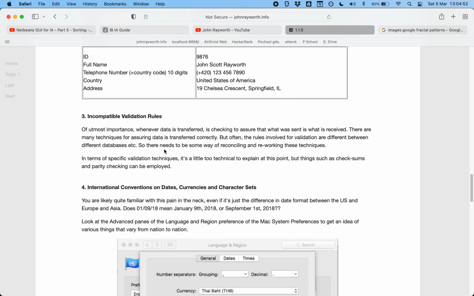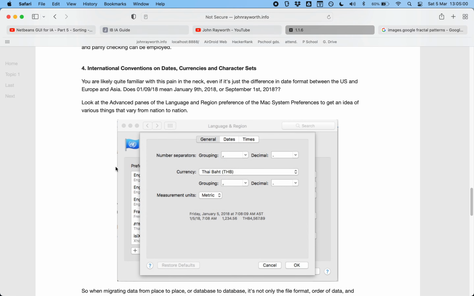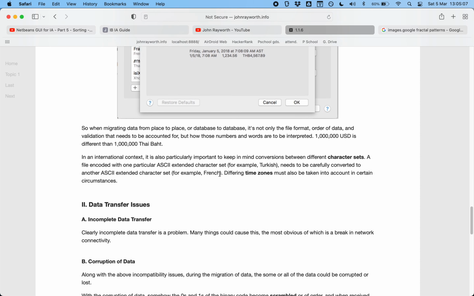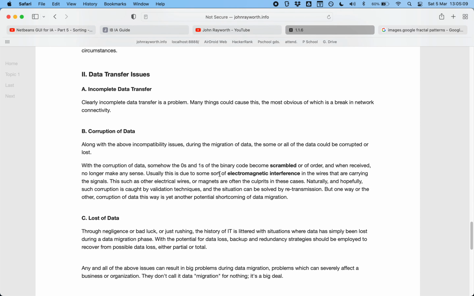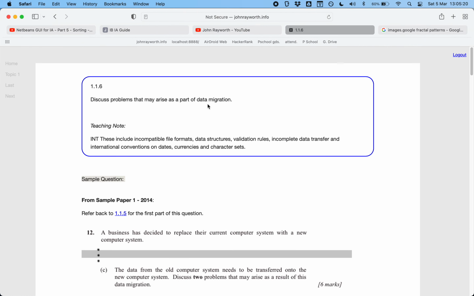Incompatible validation rules. You'll not have done checksums and parity checking, but read through this and I think you'll get the idea. And then what we're so familiar with is international people, different formats of currencies and dates and so on and so on. Okay, and then I guess the second part here that I talk about: incomplete data transfer, corruption of data, and complete loss of data. All things which are major issues which need to be handled with data migration.